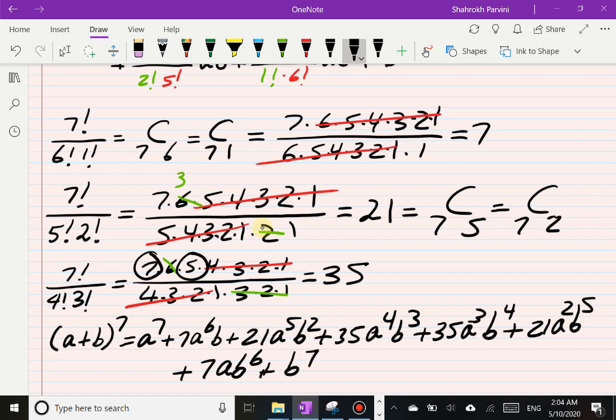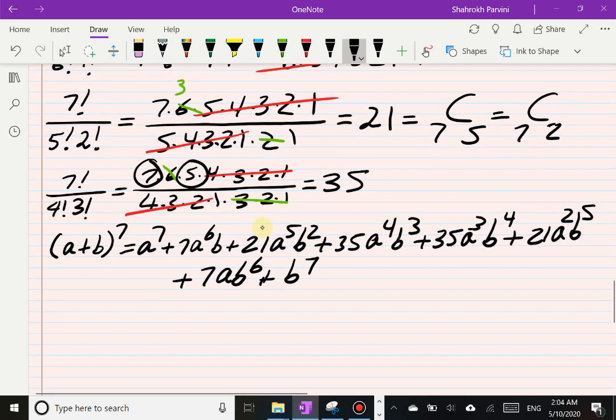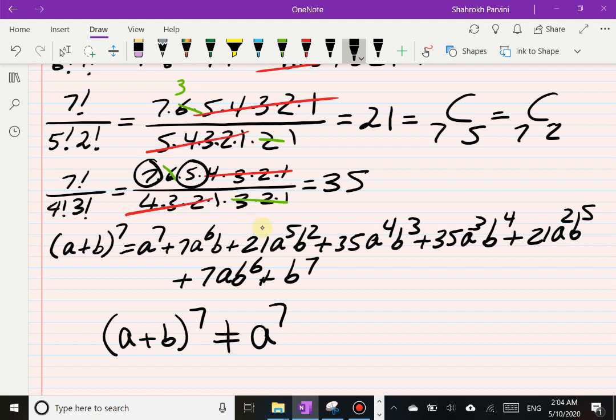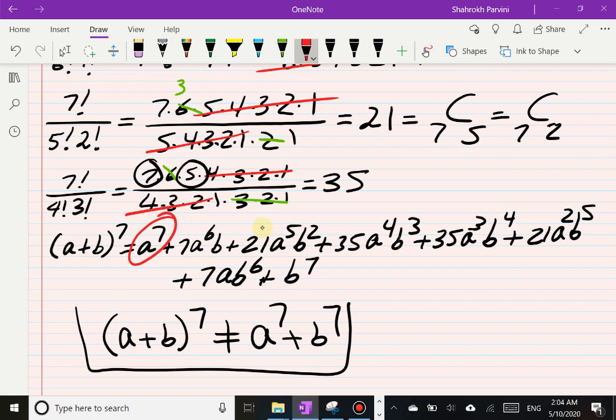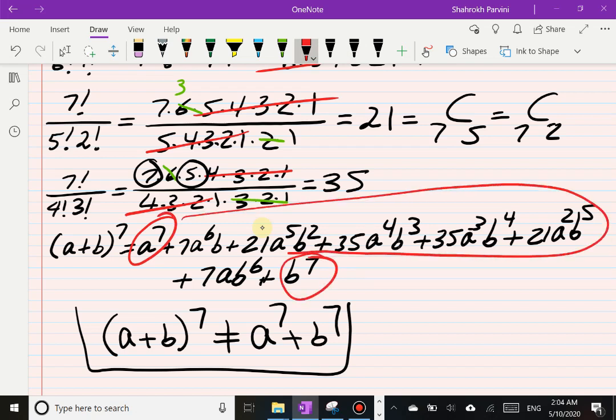There you go. Of course, as the exponent grows, so does the number of terms, right? Now, one thing, by the way, just so you see from here, one quick conclusion. (a+b)^7 does not equal a^7 + b^7, does it? Right? This is not right. Look at it. Of course, it has a^7 here, b^7, but look at how many terms we're missing. We're missing all of these terms right in here.